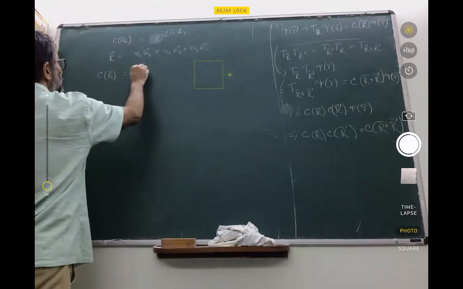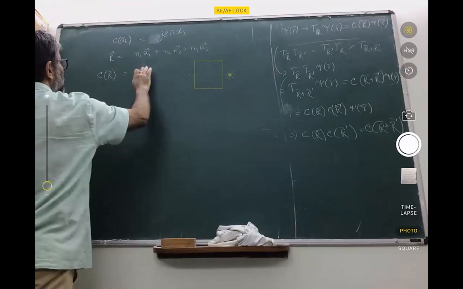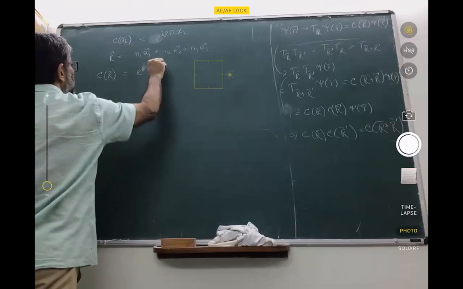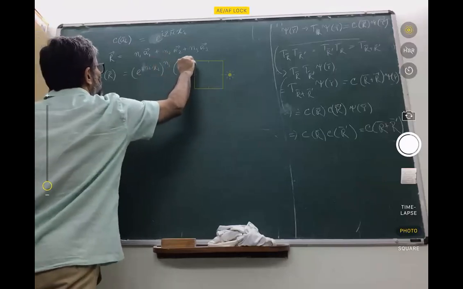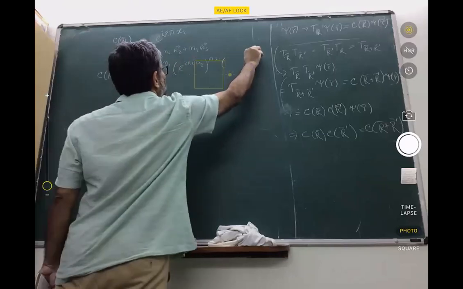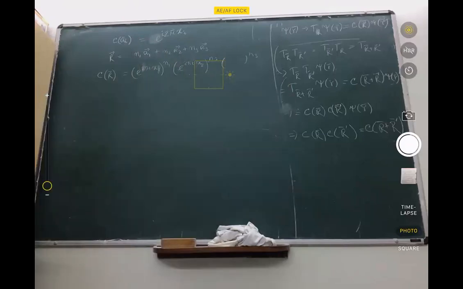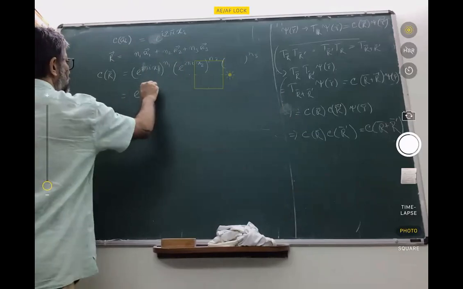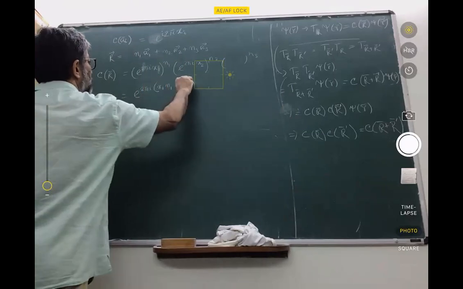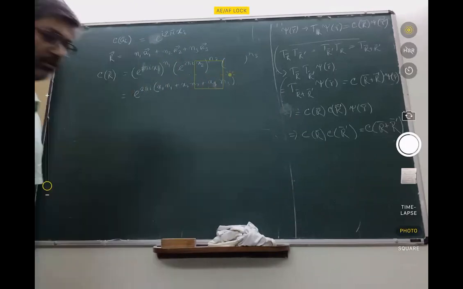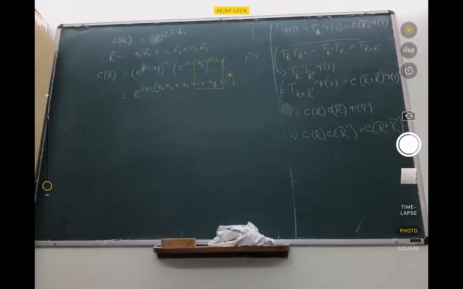That was the task, to find the eigenvalue C of R. So this is the general form of the eigenvalue C of R.